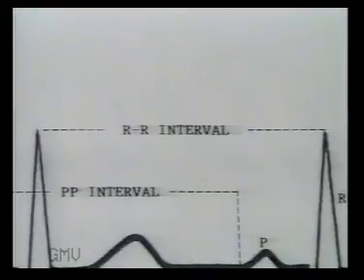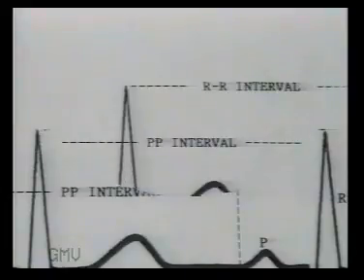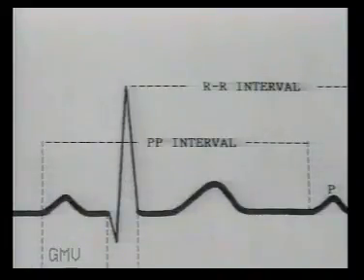The time interval from the apex of one R wave to the apex of next R wave is termed as the RR interval. RR interval is related to the heart rate or rate of ventricular contractions. The time interval from the beginning of one P wave to the beginning of next P wave is termed as the PP interval.